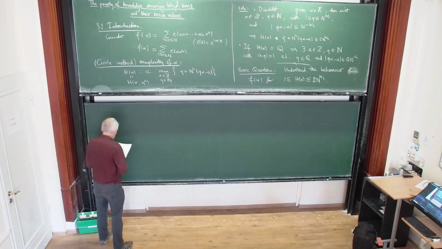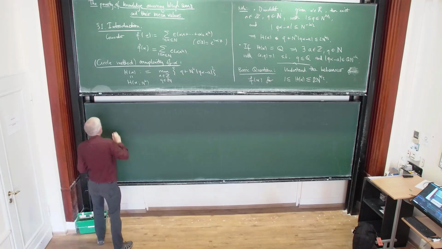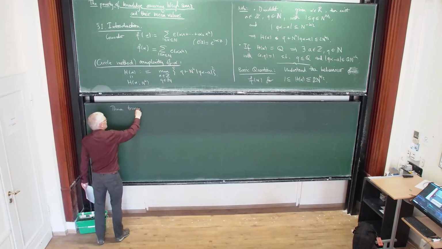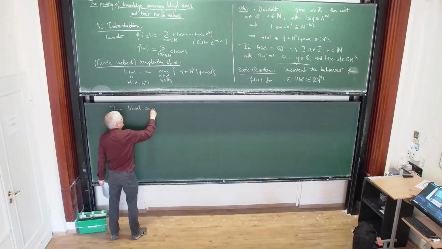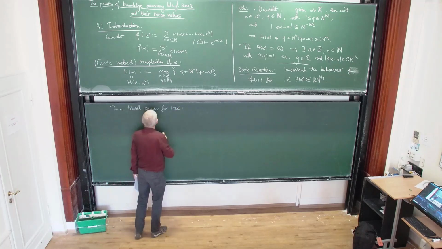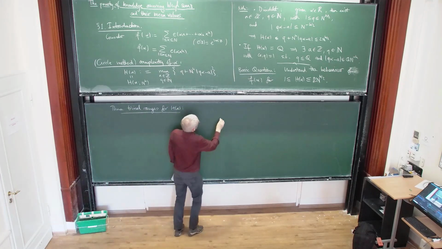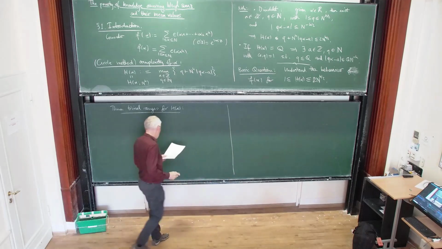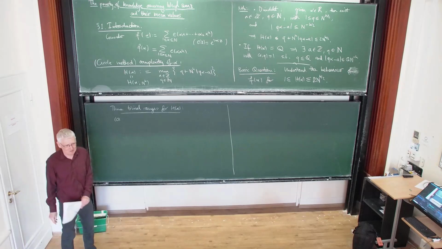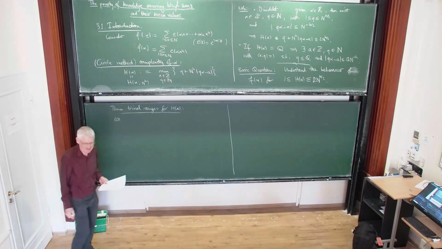Okay, so what I think of as being the trivial ranges for h of alpha. One is the most trivial of all, and therefore it's case 0.